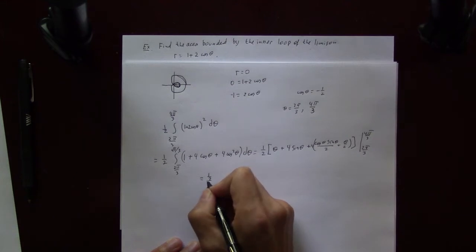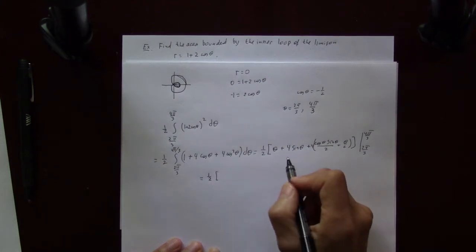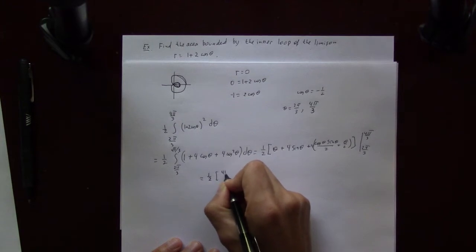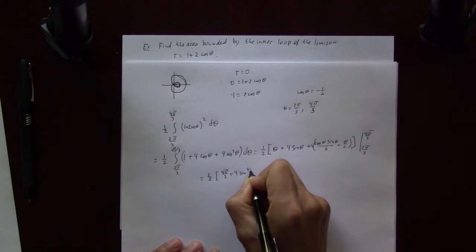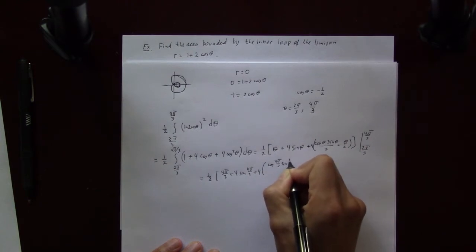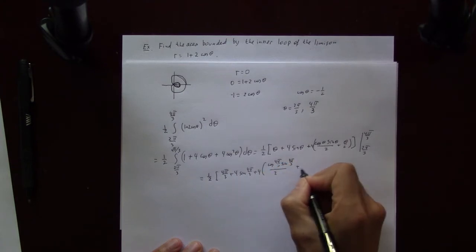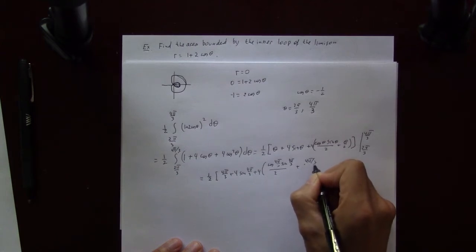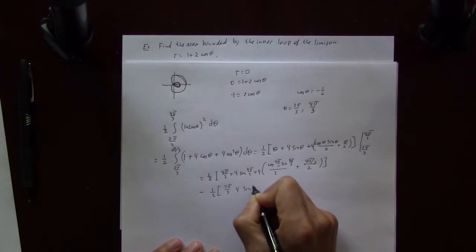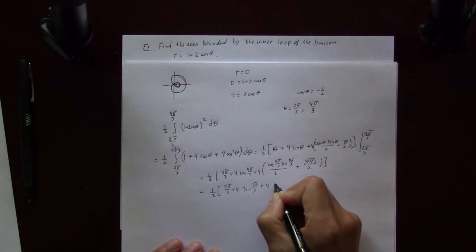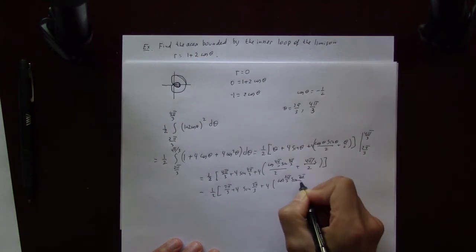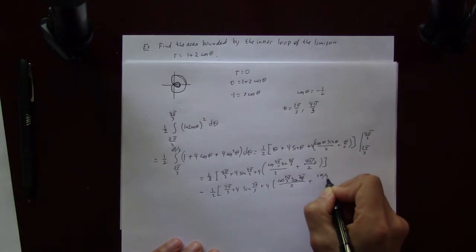1/2 times 4 pi over 3 plus 4 sine of 4 pi over 3 plus 4 cosine of 4 pi over 3 sine of 4 pi over 3, plugging in the upper bound, over 2 plus 4 pi over 3 divided by 2, minus 1/2, substituting 2 pi over 3, sine of 2 pi over 3 sine of 2 pi over 3 divided by 2 plus 2 pi over 3 divided by 2.